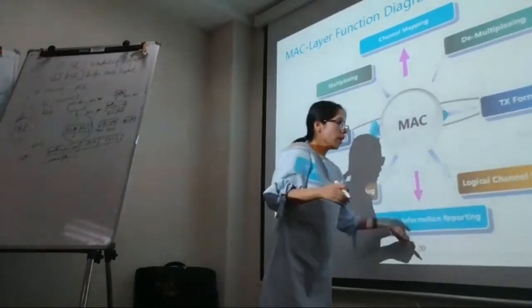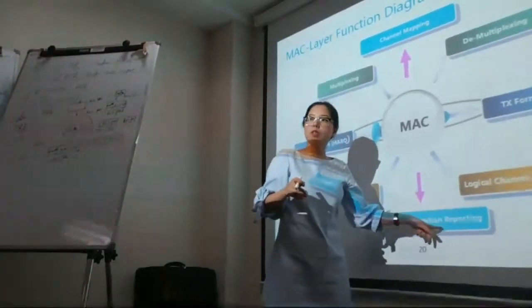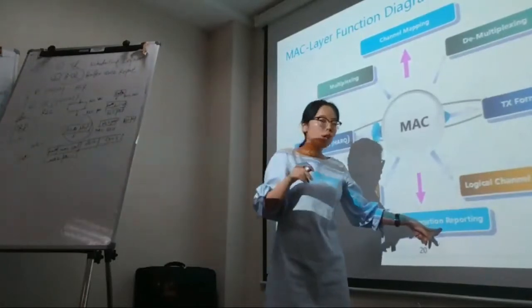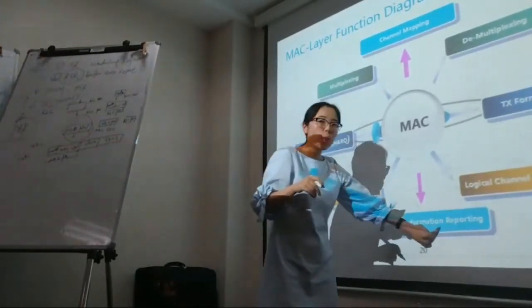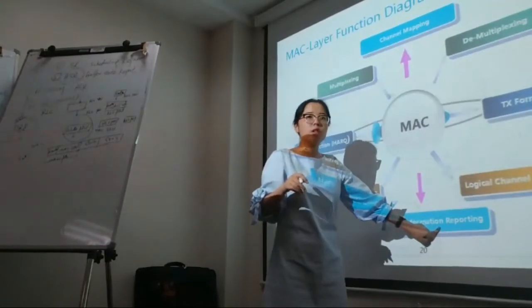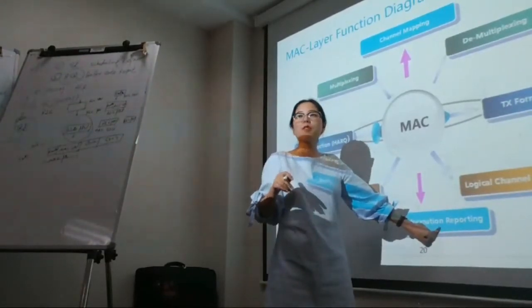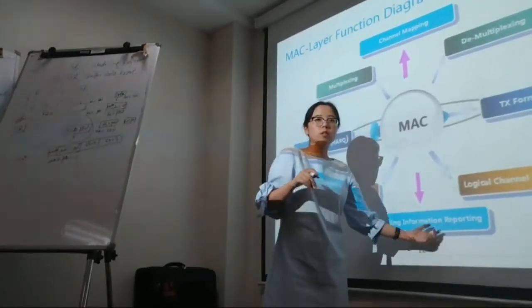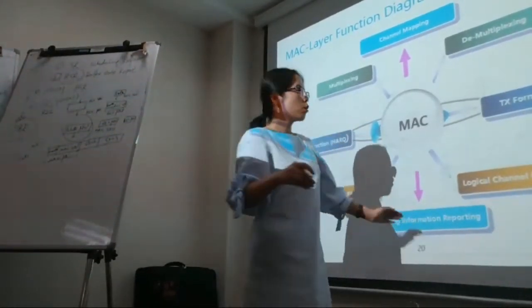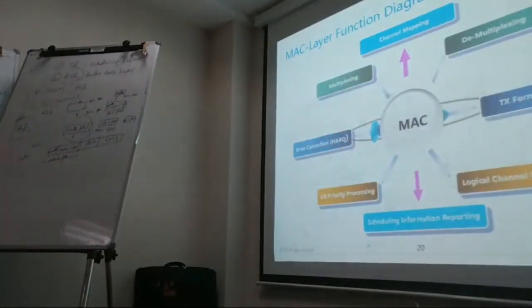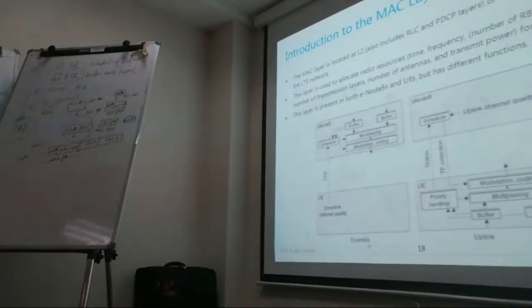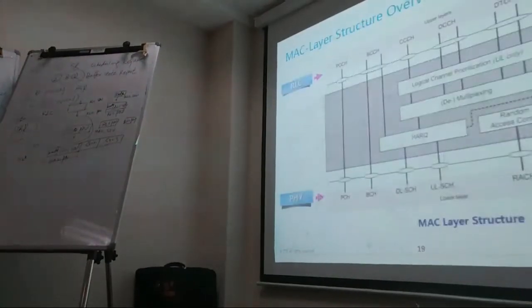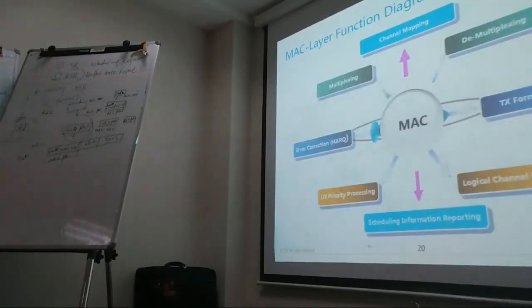Also, if the UE wants to perform services, it should report the status information, the buffer status. So we also name it the scheduling information report. It is the buffer status, right? So these functions we can map to these two pictures. These two pictures show us how to realize these functions.